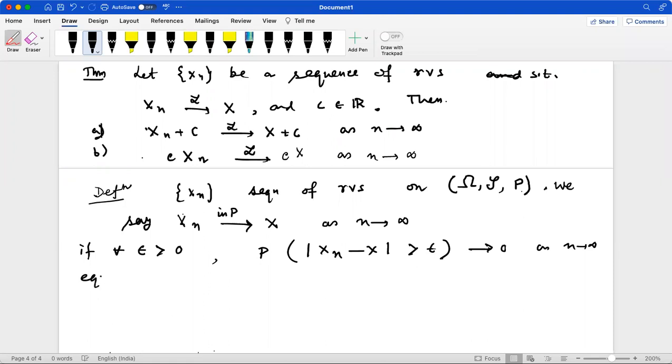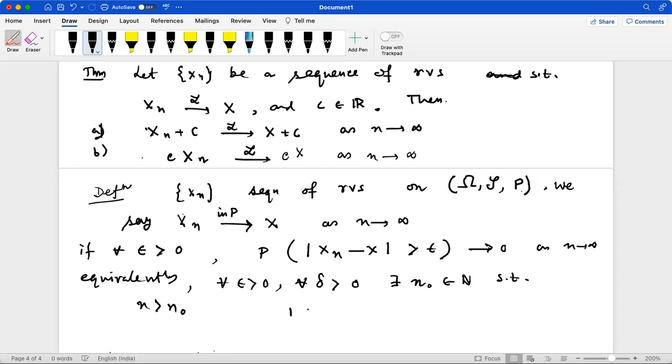Equivalently, we can say that for every epsilon positive and for every delta positive, there exists an n0 belonging to the natural numbers, such that whenever n is greater than n0, the probability of the difference being greater than epsilon is less than delta.